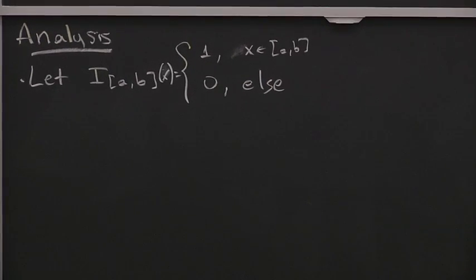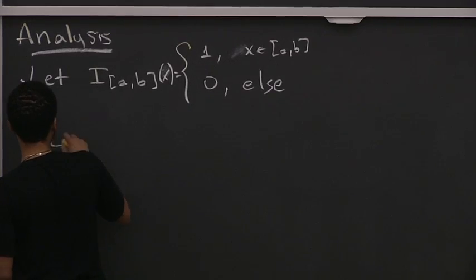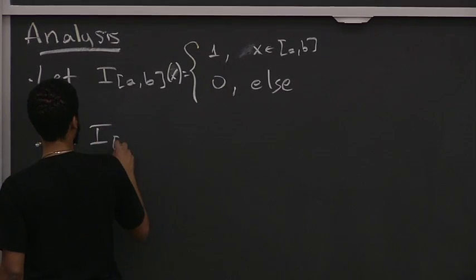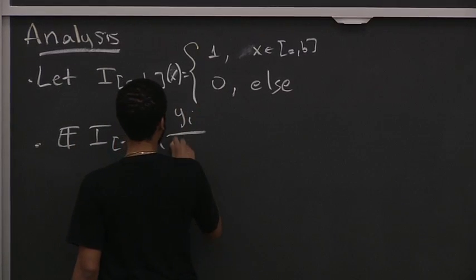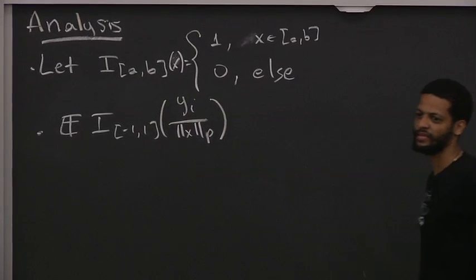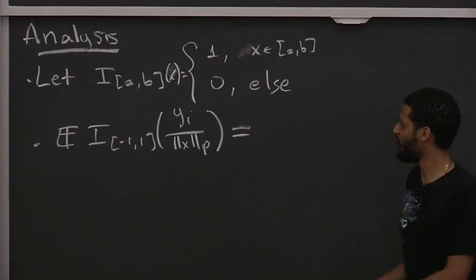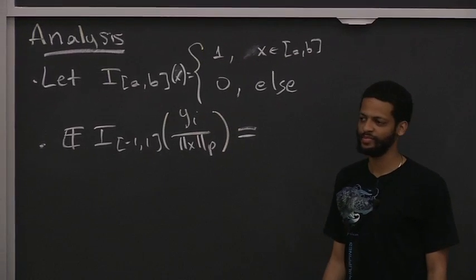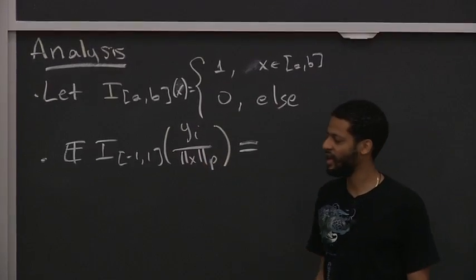Right? Now, what's the expectation of the indicator function of [-1, 1] applied to y_i over the LP norm? What is this thing? First of all, what is y_i? What kind of random variable is y_i? How is it distributed? D_p scaled by the LP norm, right?